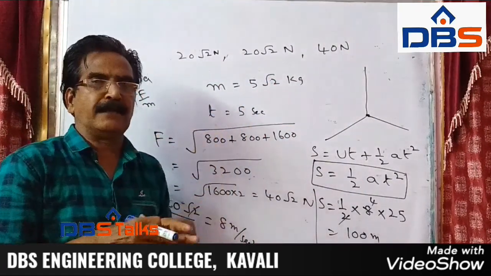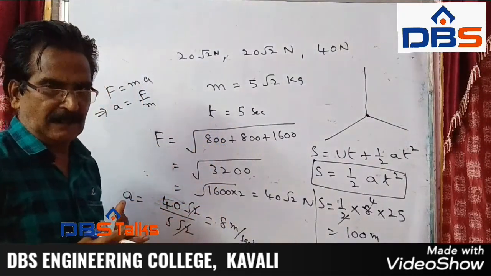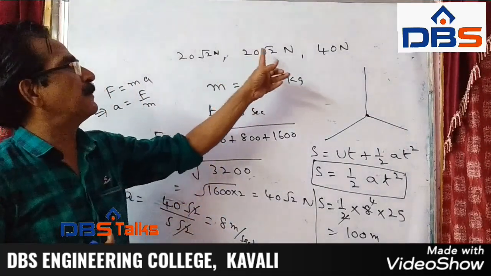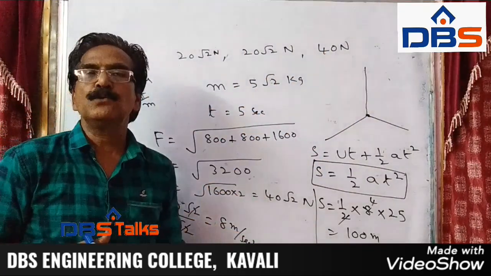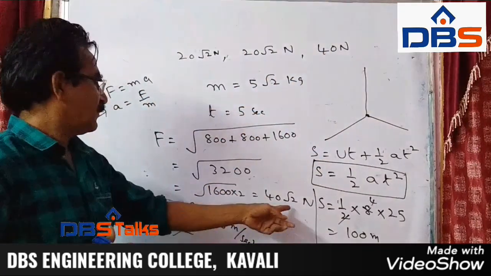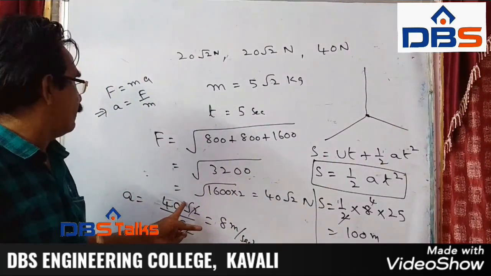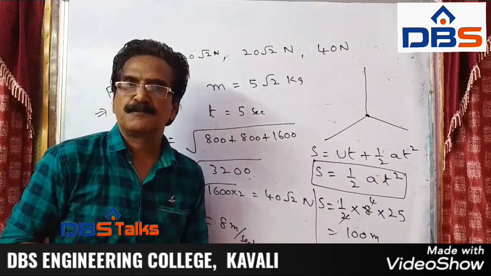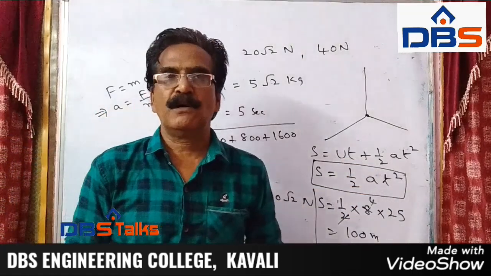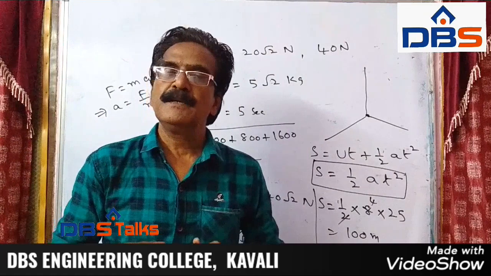So the net force applied on the body is equal to root of this square plus this square plus this square. So that comes to 40 root 2 newtons. After knowing F, we can find A. F by M is 8 meters per second square, and substituting in S is equal to half at square, we get the displacement of the body.